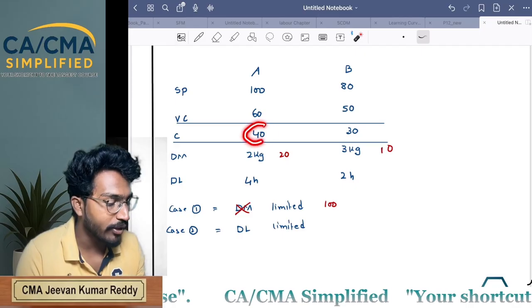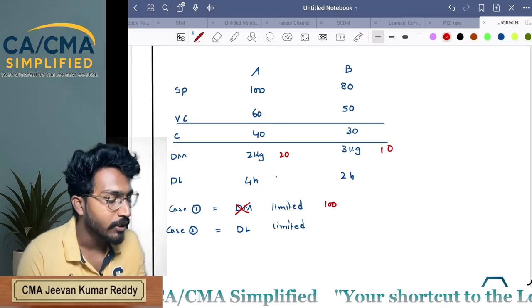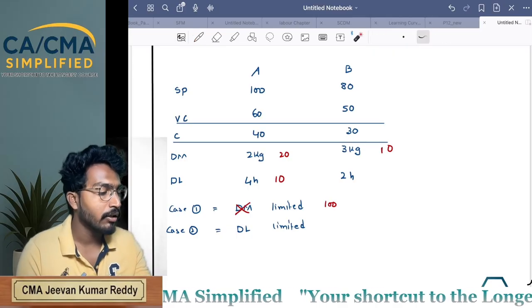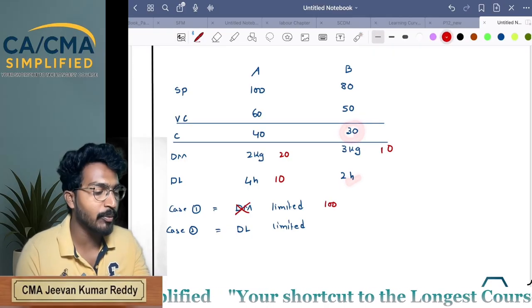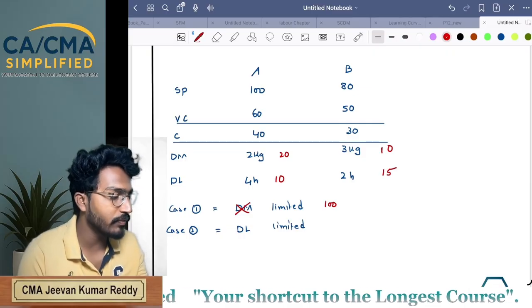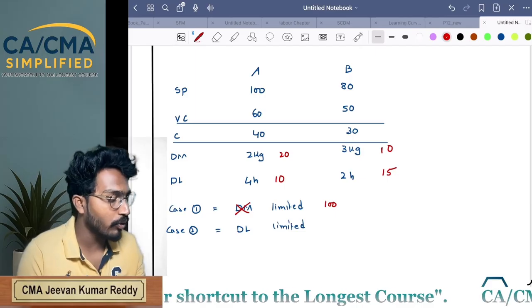You are getting 40 rupees for 4 hours. That means per hour you are getting 10. Here you are getting 30 rupees for 2 hours. That means 15. Now, for example, you have only 50 hours.